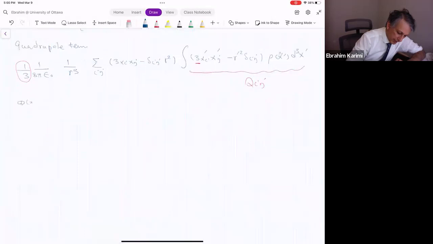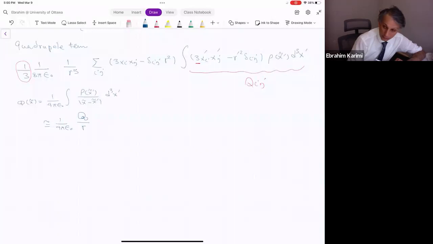So phi of x, which was 1 divided by 4 pi epsilon 0, integral of rho of x' divided by |x minus x'|, d3x', is now approximately given by 1 divided by 4 pi epsilon 0, q divided by r, right?